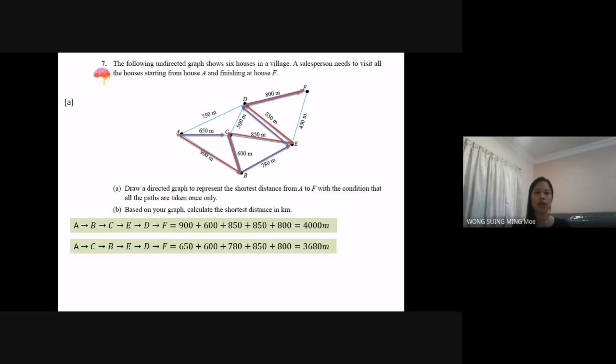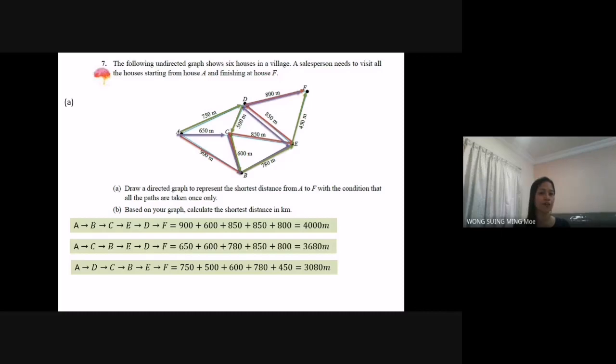Okay, and we have another route, the green color here. A go to D, after that from D go to C, C go to B, B to E, and from E go to F. So for this route, 750 plus 500 plus 600 plus 780 plus 450. Total is 3,080 meter.